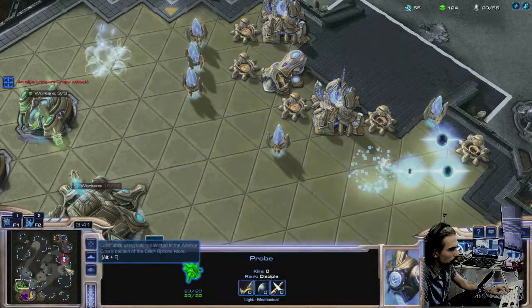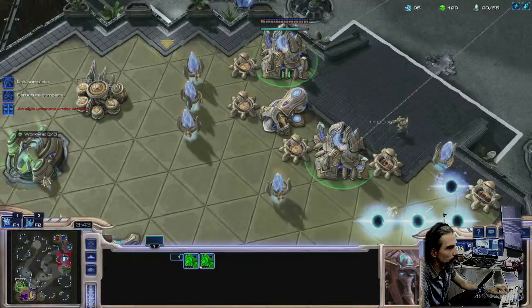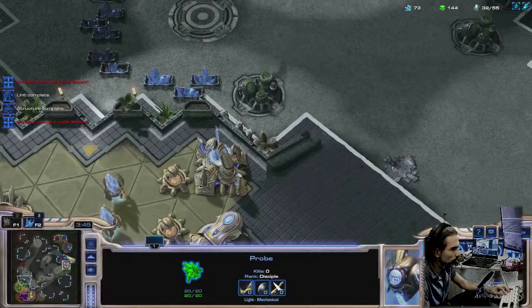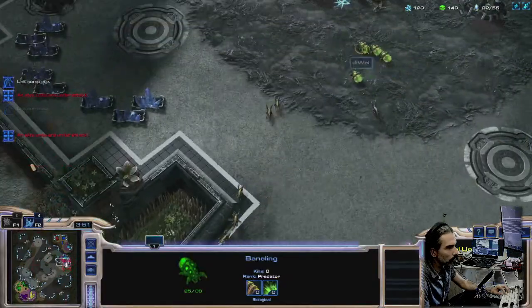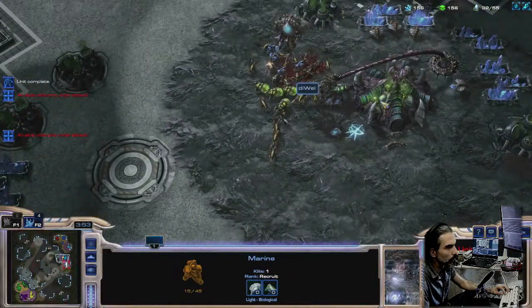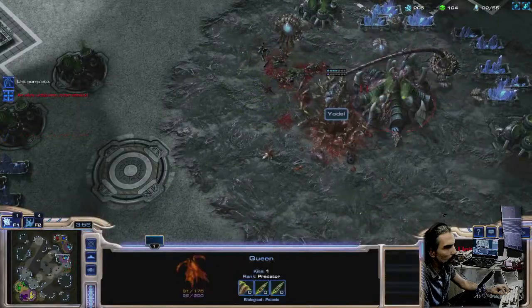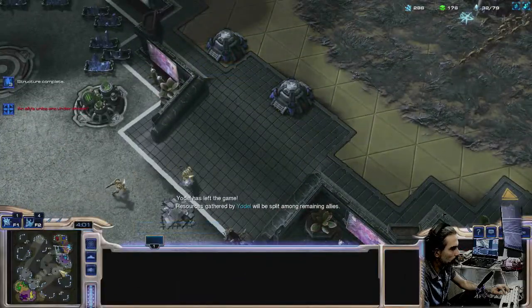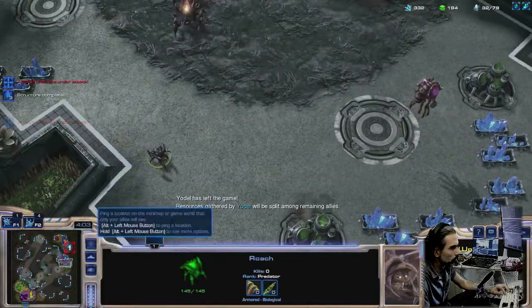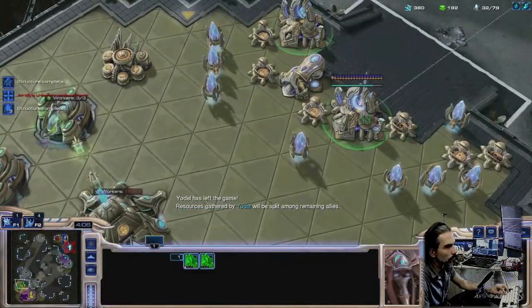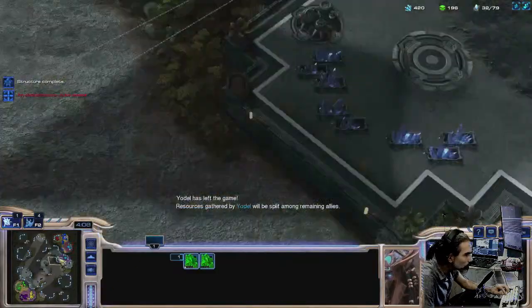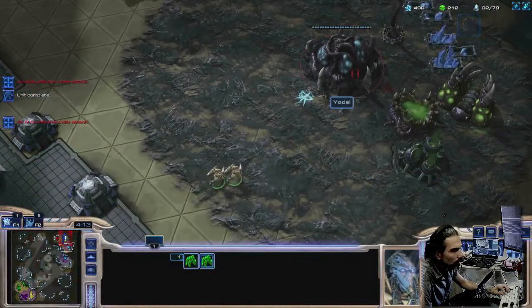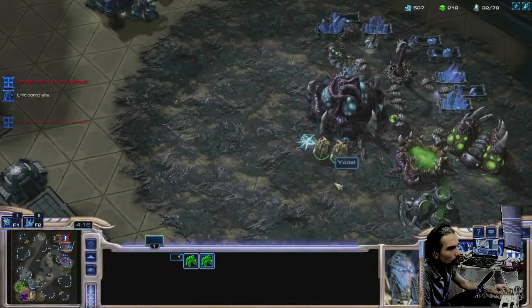Your allies are in battle. Blades of iron.